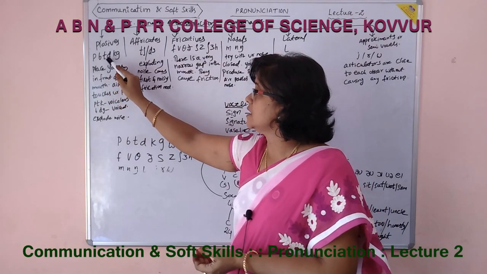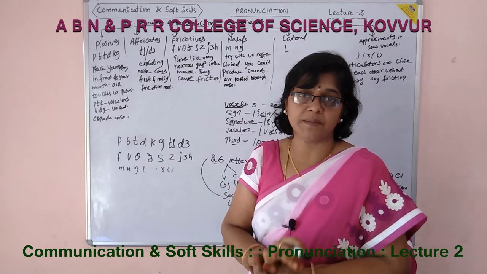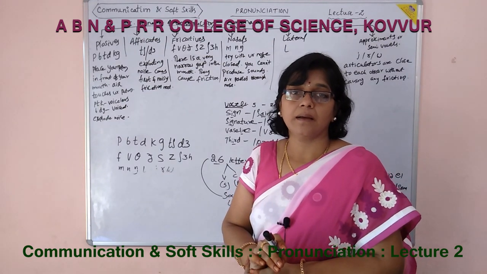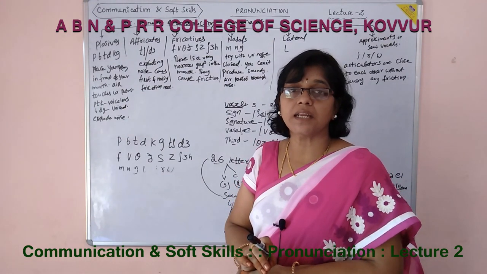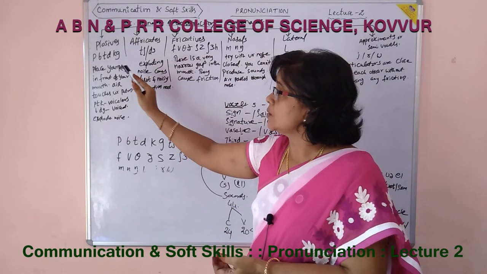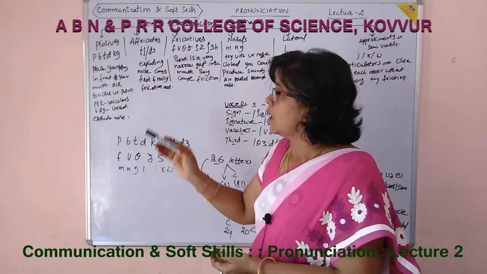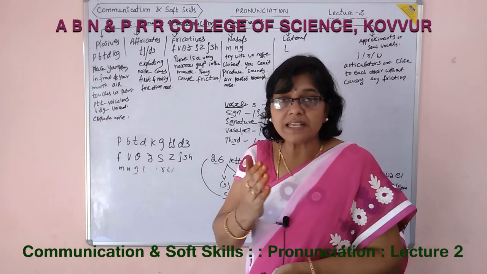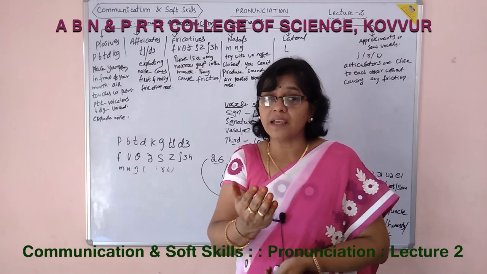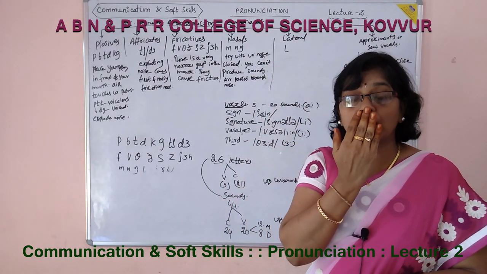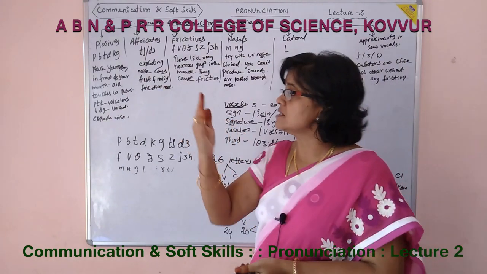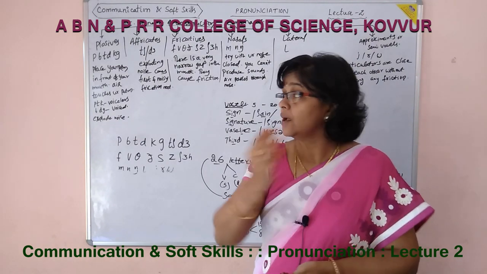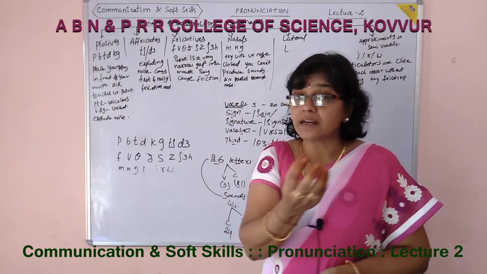P, B, T, D, K, G. They are alphabets, but coming to the phonetic sounds, they are P, B, T, D, K, G. When you articulate these sounds, if you place your palm in front of your mouth and utter those sounds, that is pa, ta, da, ka, you can feel the air touch your palm.